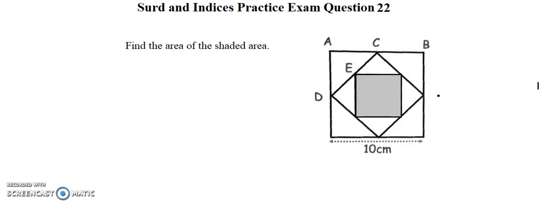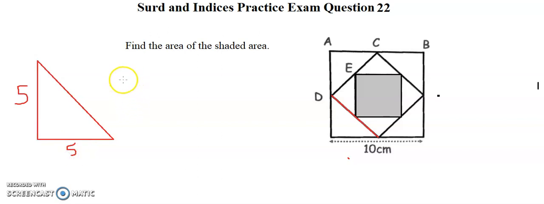So the first thing we need to be thinking about is we would like our hypotenuse of our middle triangle. To do that, we need to look at our understanding that the two shorter sides are 5 centimeters each. So I've got 5 and I've got 5 here, so we're using Pythagoras theorem. a squared is 5 centimeters squared plus 5 centimeters squared is equal to our c squared.